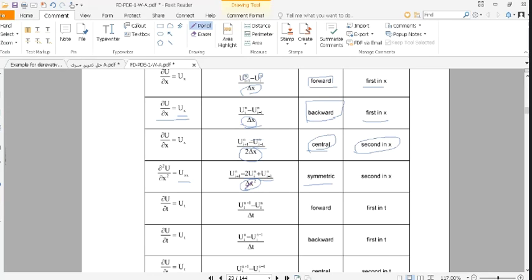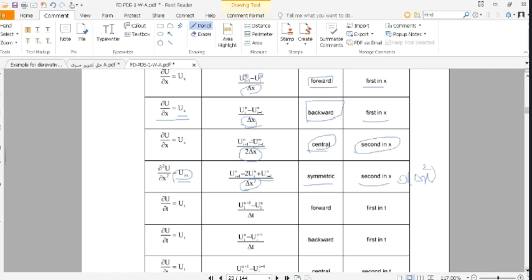This formula is used for uxx, not ux. The forward, backward, central are used for ux, and the symmetric is used for uxx. The order of truncation error for the symmetric finite difference is second, delta x2.